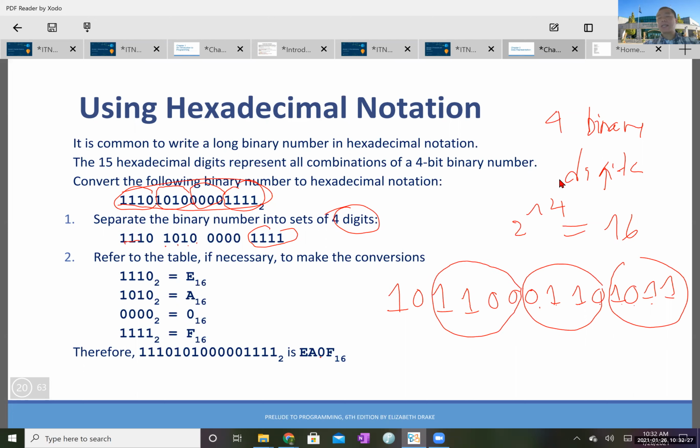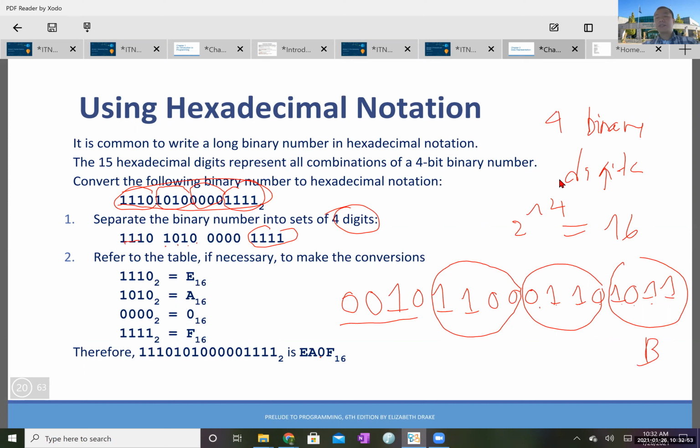So in the case that on the left, it's not enough for 4 digits, actually, you can add 2 more 0s here, right? So in the case that you don't have enough digits, you can add 0s at the beginning to make it 4 digits here. Okay, so for this one, when you convert to decimal, I have 1, 2, 8, so 11. So actually B here, right?